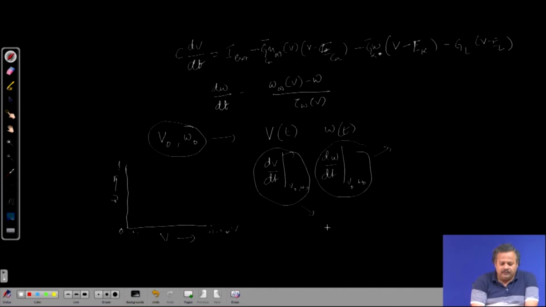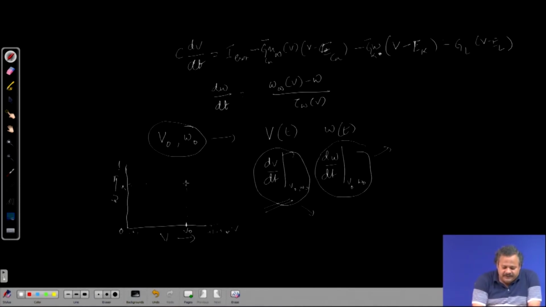So, if this is V0 and this is W0, then here we have the V0, W0 point, we have a particular value of dV/dt, which means that the voltage is changing at that particular rate.